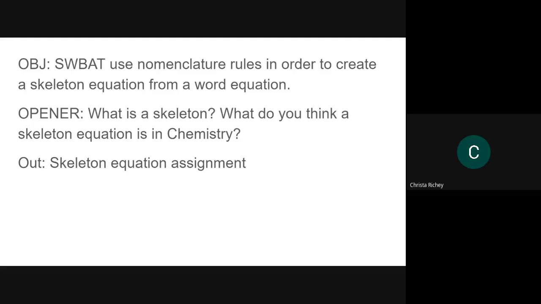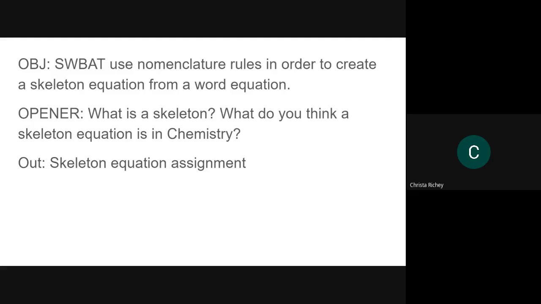If there were no pluses on the left, just one thing on the left of the arrow, then it was a decomposition. If you had a single element and a compound on both sides, with pluses in between them, it was a single replacement. Two different compounds on both sides with pluses in between was a double replacement. And if you had a fuel with oxygen making either carbon dioxide or carbon dioxide and water, then that was a combustion.